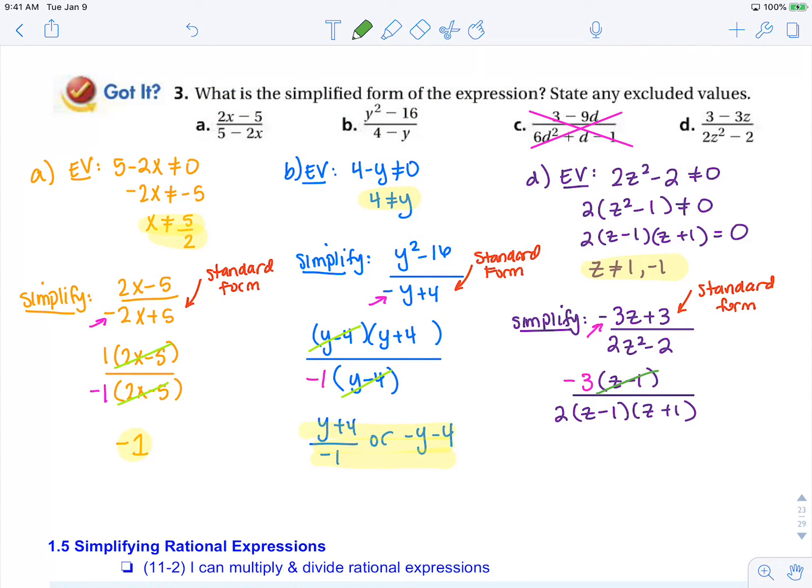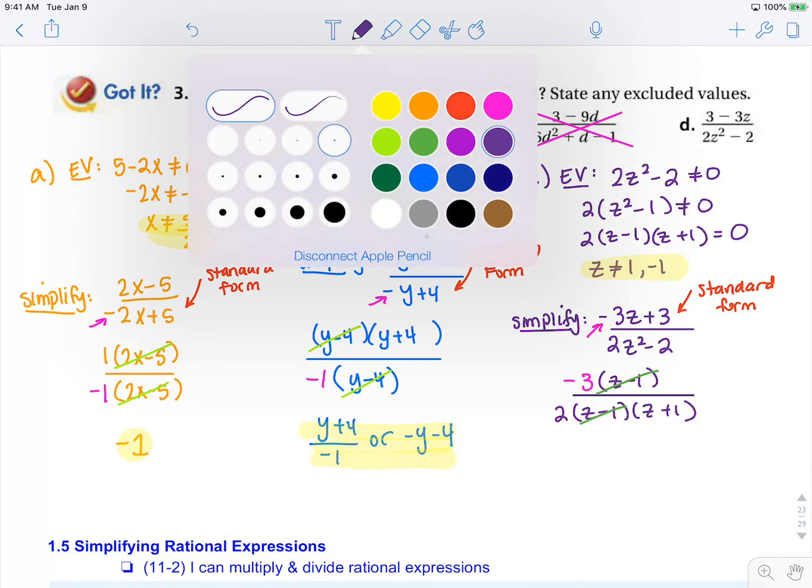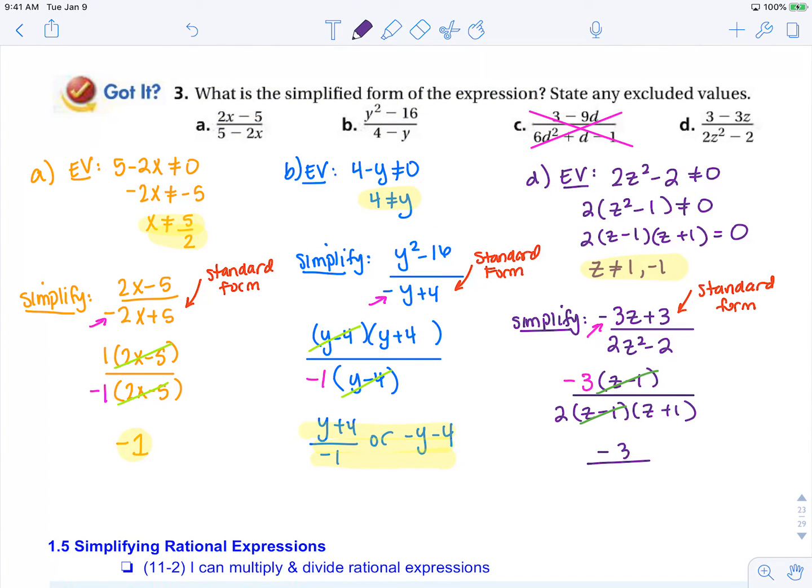Now this common factor of z minus 1 cancels, and I'm left with negative 3 over 2 times z plus 1. So this is my simplified rational expression. So remember, you might need to rewrite in standard form before you factor.